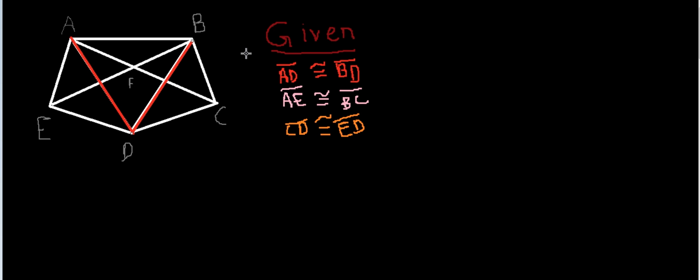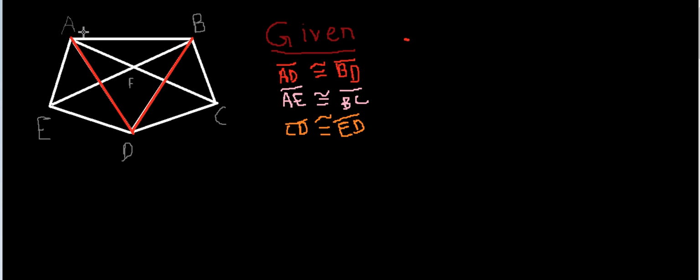AD is congruent to BD. There we have it in red. Then there's also AE. Sorry, I really need to get better with this program. Alright, AE is congruent to BC.